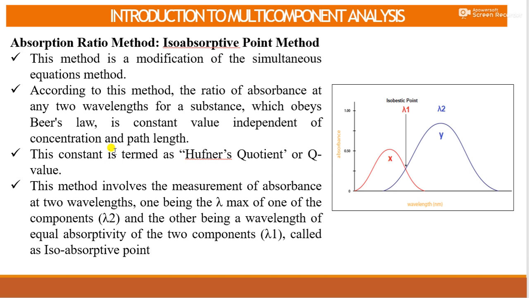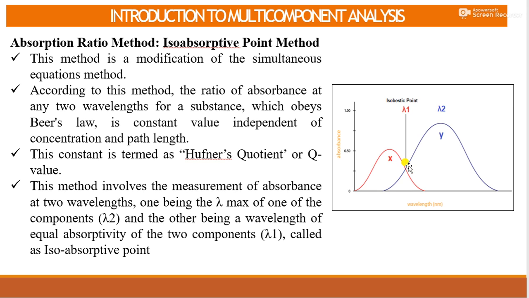So what are the requirements for the Q method? You require the lambda max of one of the components, that is lambda 2, and you require the isoabsorptive point or isosbestic point. Now what is that isoabsorptive point?